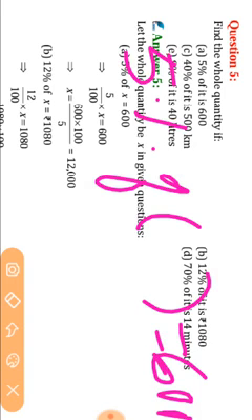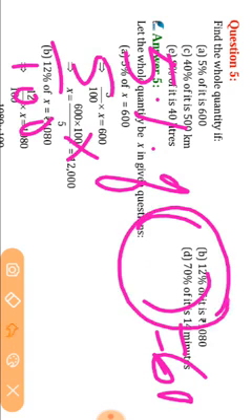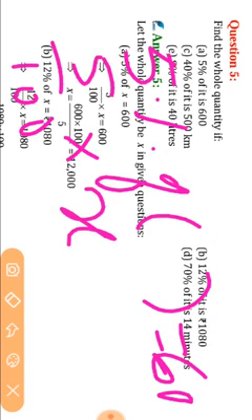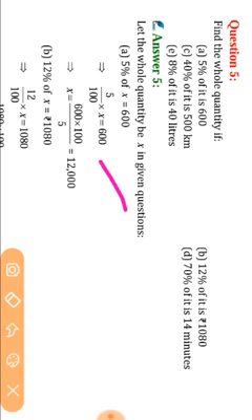So which is the one we have to find? Just now we said, isn't it, that 5% means 5 by 100, and "of" means multiplication. So I can take the number as an example, x. So 5 by 100 into x is equal to 600.